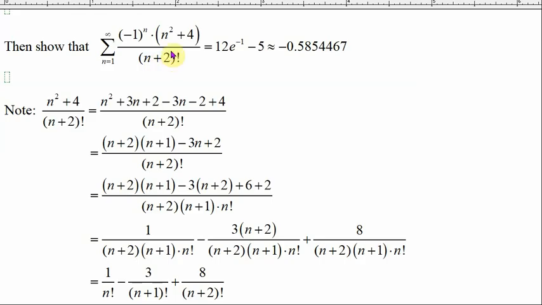And so here we got the expression (n squared plus 4) over (n plus 2) factorial, and then I'm going to rewrite it as n squared plus 3n plus 2 minus 3n minus 2 plus 4. The factors here are n plus 2, n plus 1. And then we have the minus 3n, and then minus 2 plus 4, it's just 2.